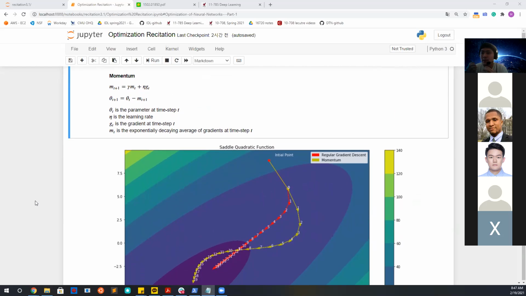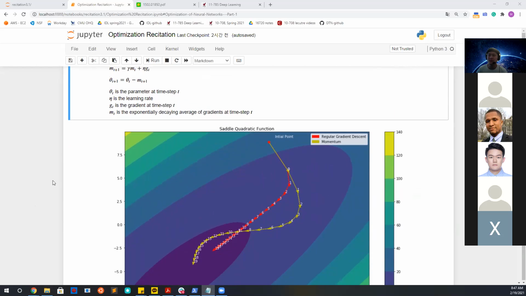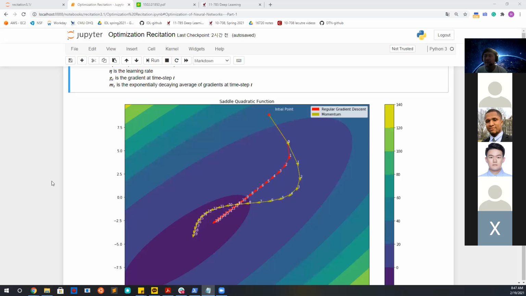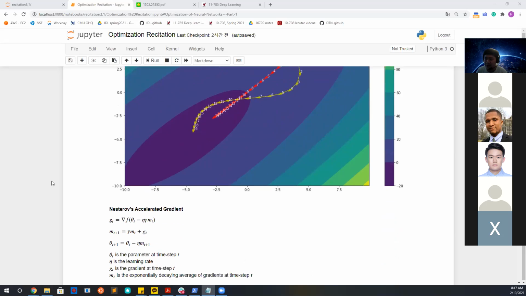But momentum works well for general cases, for most data. So momentum is always good to have. Hope that answered your question.